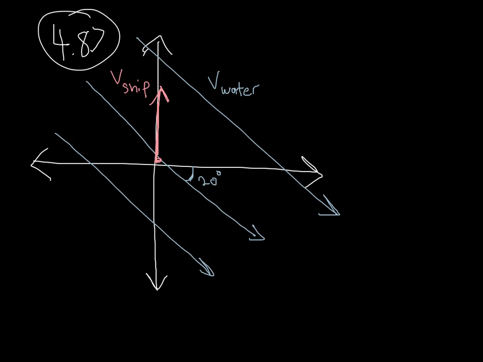Then I also know one more thing. Do they give us the velocity of that ship? 16 kilometers per hour. Velocity of ship is 16 kilometers per hour. And the current is 4.2. So that's the water relative to the ground.